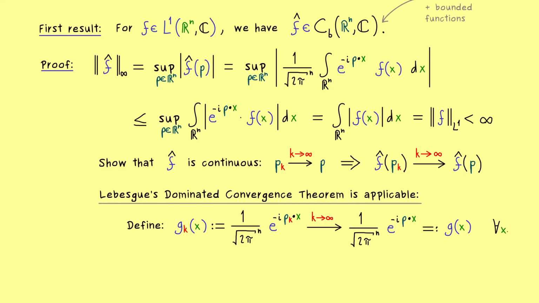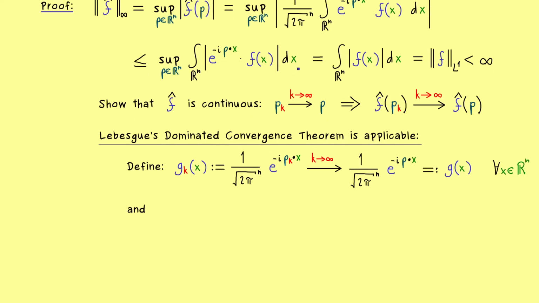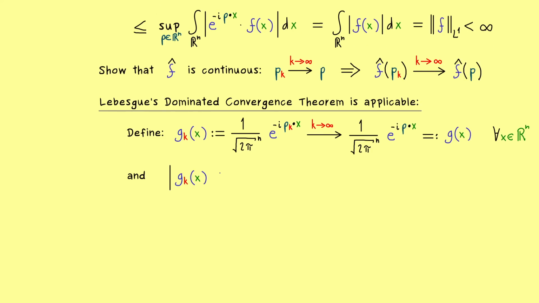And now you see we have this convergence here for every point x in Rn. So this pointwise convergence is one requirement we have for Lebesgue's dominated convergence theorem. And the other part is, as the name suggests, that inside the integral this function is dominated by an integrable function. And this one is quite clear because exactly this calculation we have already done before.